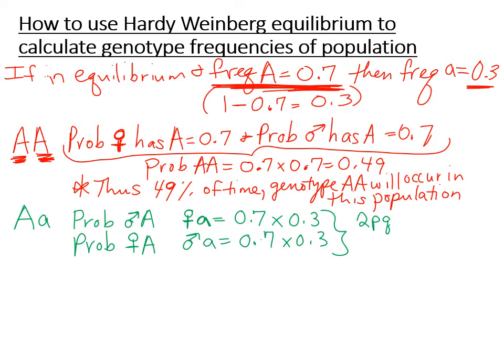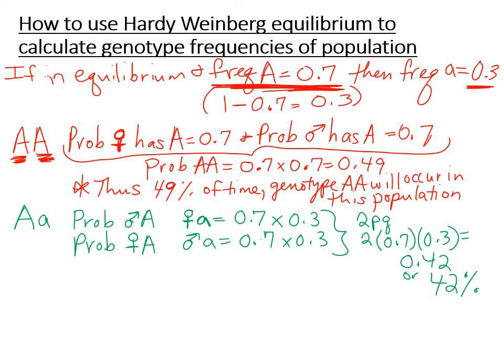So when you do that, 2 times 0.7 times 0.3, that gives you 0.42 or 42%. 42% chance of getting capital A, lowercase a, the heterozygote in this population.